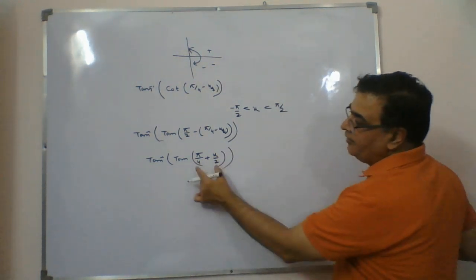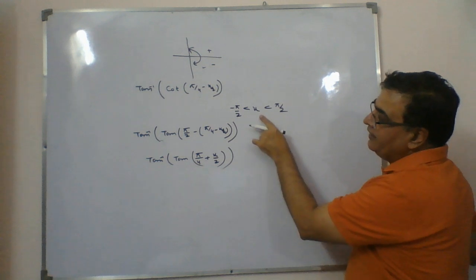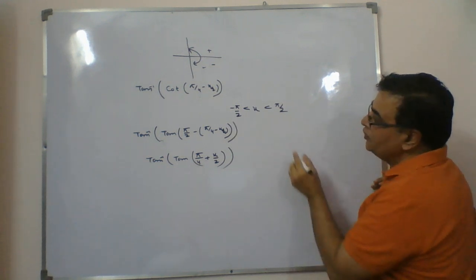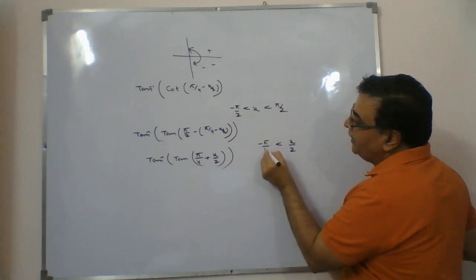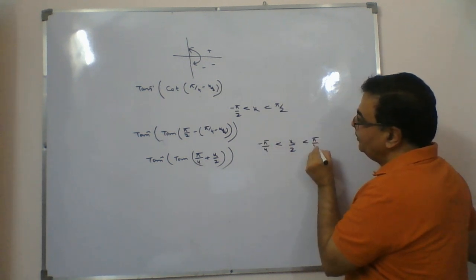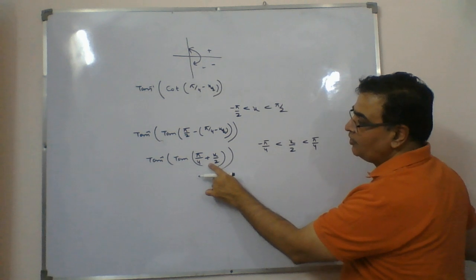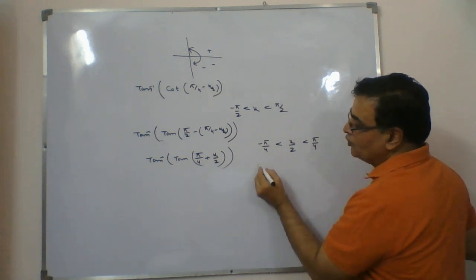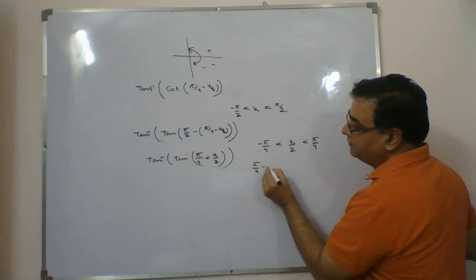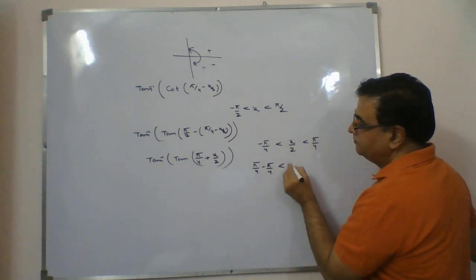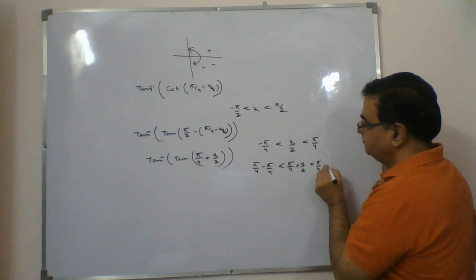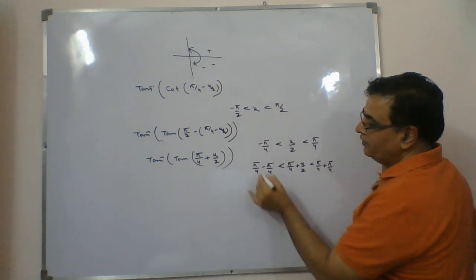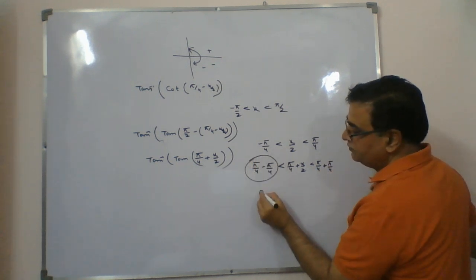And now check where this angle goes. x is between minus pi by 2 to pi by 2. So where will x by 2 go? It will go between minus pi by 4 to pi by 4. Then x by 2 plus pi by 4: when I add pi by 4 to all, this will be taken as 0.